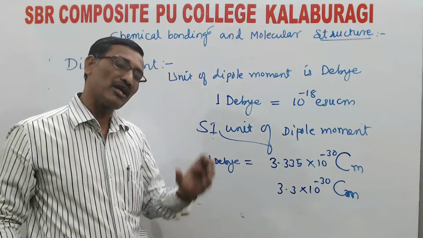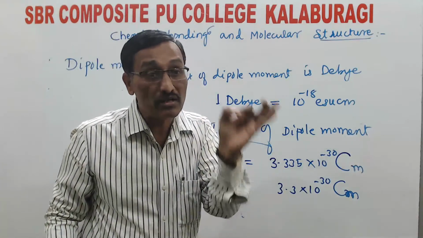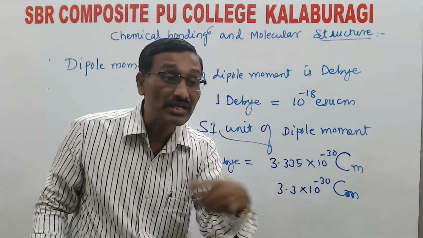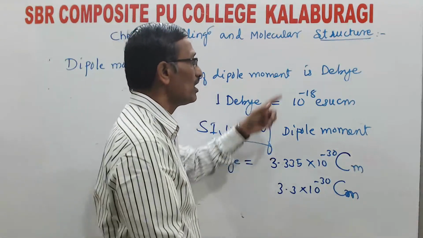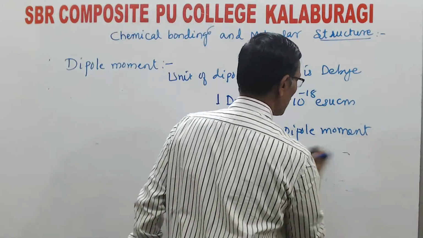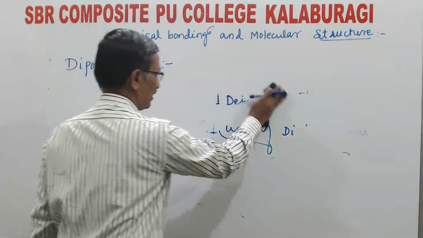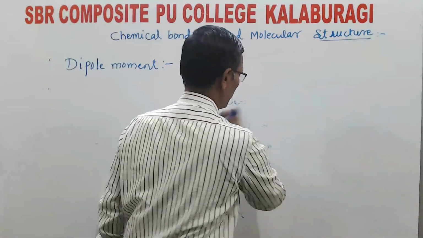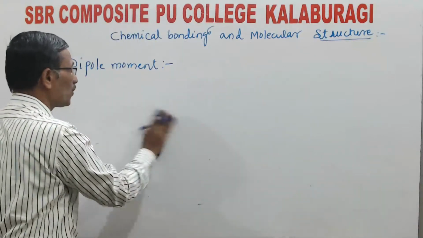Now I will take a few examples of how dipole moment measures the polarity in a molecule. Which types of molecules? Covalent molecules. We will discuss them one by one, starting with the first example, going from known to unknown.